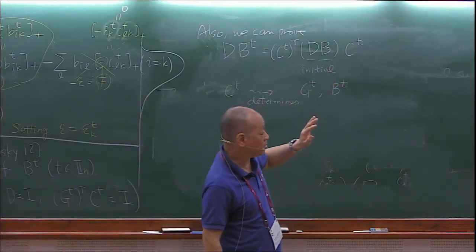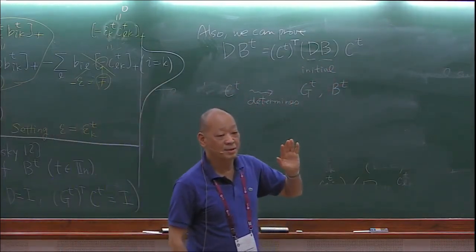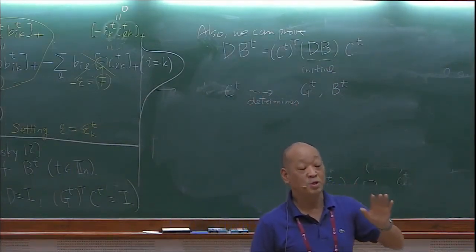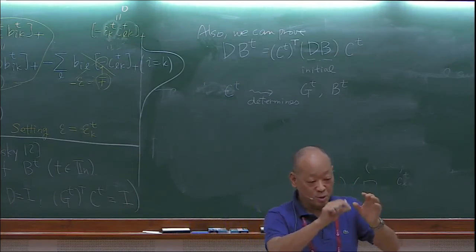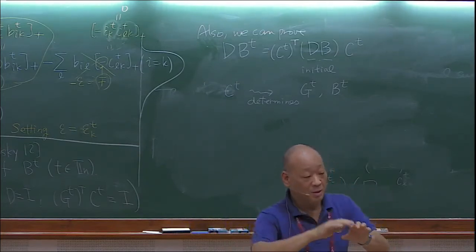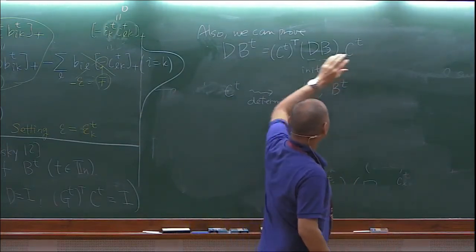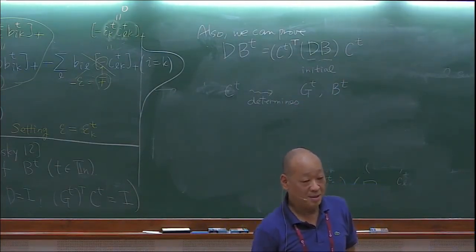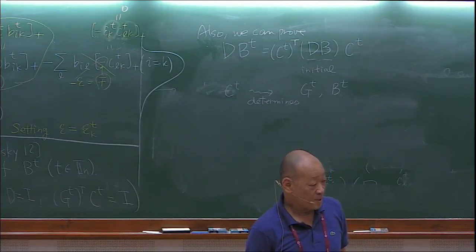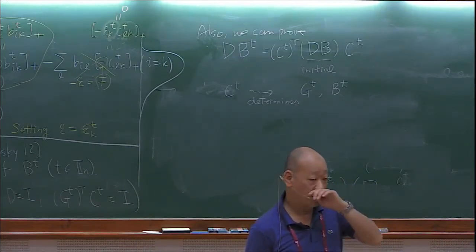This gives you exactly the mutation formula of the exchange matrix. The exchange matrix has some additional terms, right? They come from this part and this part. It's already included in the formula of the exchange matrix.